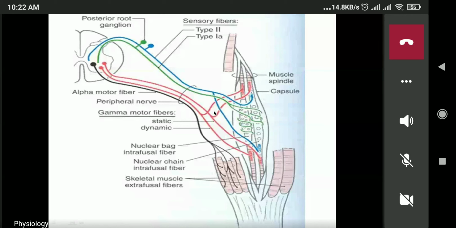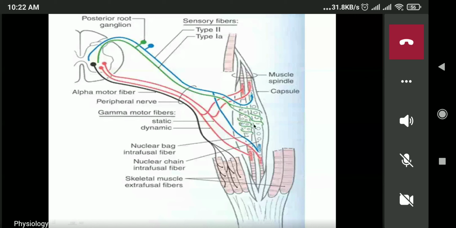So when the gamma motor neuron discharges, the ends of the intrafusal muscle contract, and the middle portion becomes taut. Otherwise, when the ends are not contracting, this portion is lax.